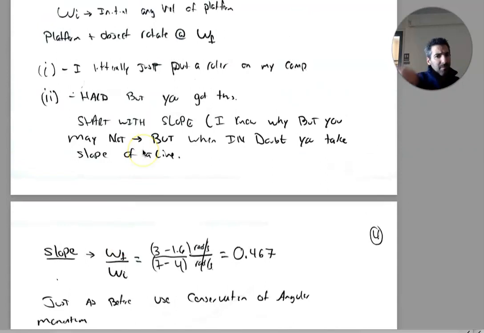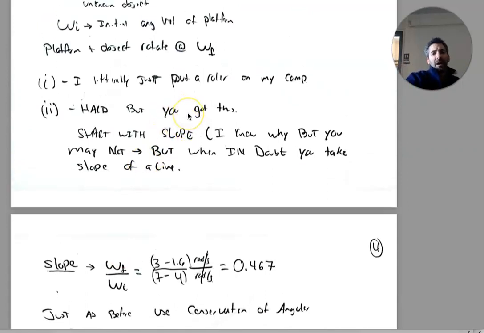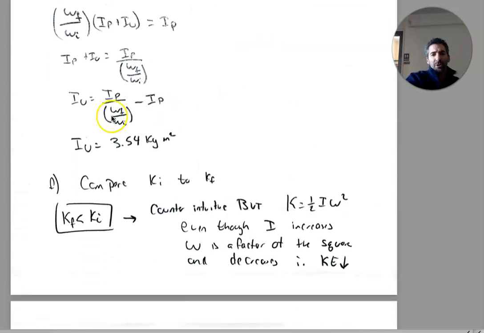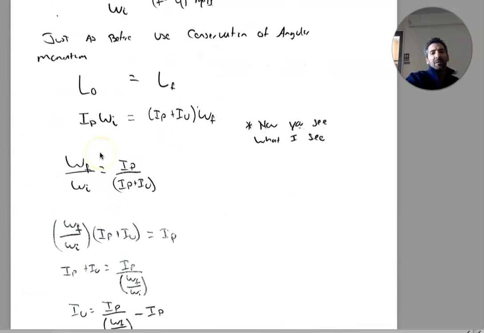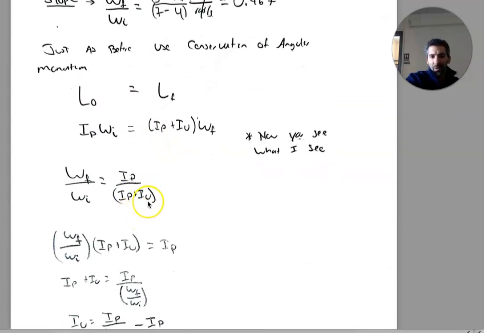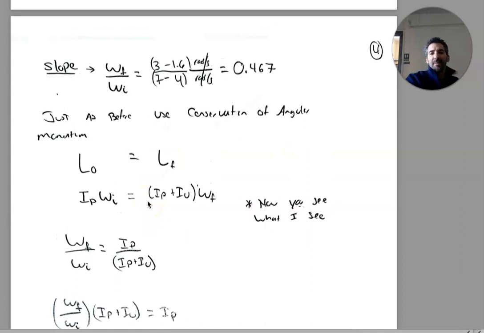Part B, this part was hard, or Roman numeral 2. What we were looking for in Roman numeral 2 was the moment of inertia of the unknown item. So we're looking for I unknown right there. So same thing, I'm using conservation of momentum because it's a law. We can always use conservation of momentum. Since things are turning, I'm using conservation of angular momentum.